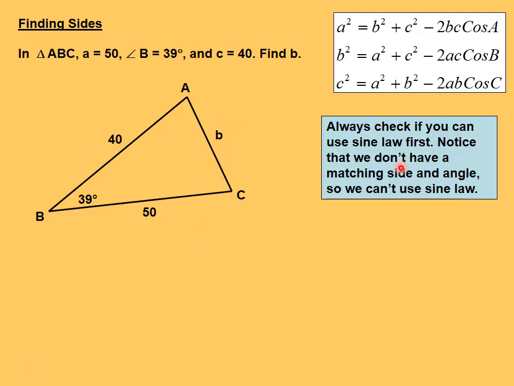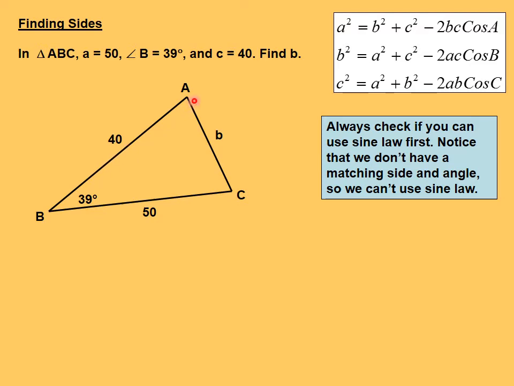So let's look at a couple of things here. Always check if you can use the sine law first. This is important because we know that sine law is a little bit easier to use. This cosine law is a little bit harder, so we might as well see if we can use the easier sine law first. And the way that we check for sine law is, remember we wanted to have those matching pairs, the matching side and angle.